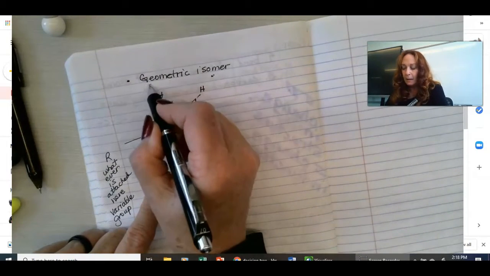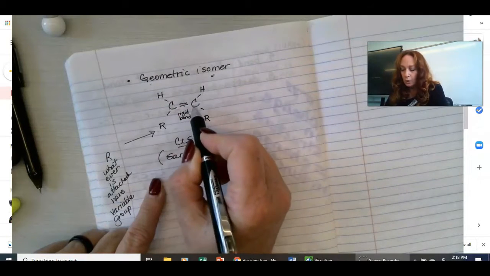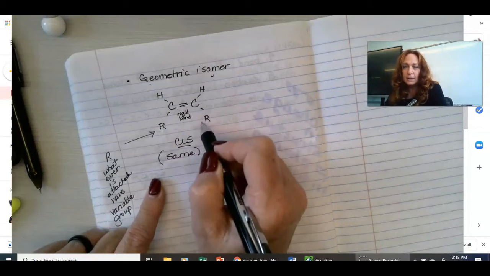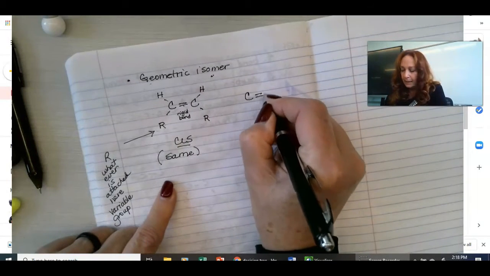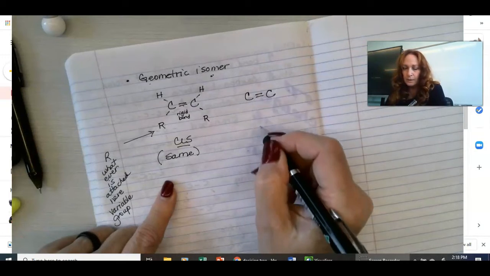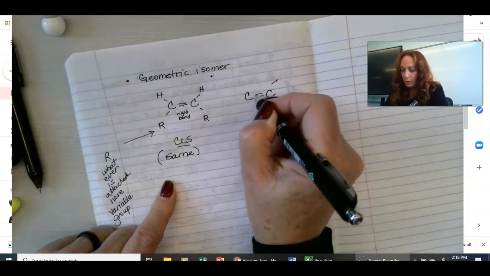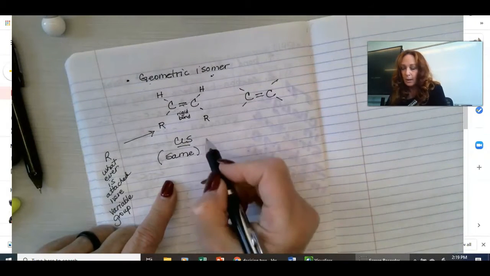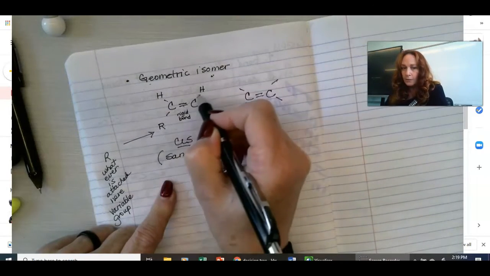I can make a geometric isomer with 2 H's, 2 carbons, and 2 variable groups, and I can put it together differently in space. So I'm going to have the same double bond with the carbons, the same 1, 2, 3, 4 for this carbon, 1, 2, 3, 4 for that carbon. That part doesn't change. But now I'm going to put these across from each other.